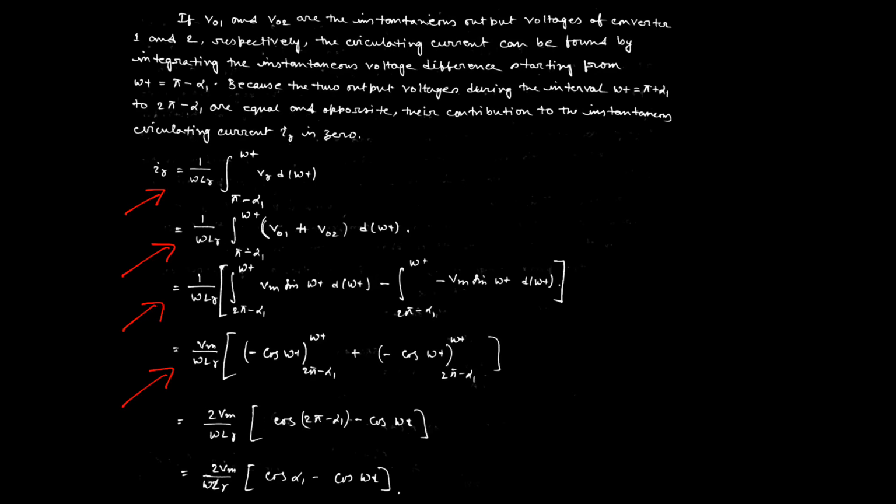Considering the lower limit and the upper limit, we find the expression 2 Vm by omega LR into cos of pi minus alpha 1 minus cos omega t. So the complete equation for the circulating current is 2 Vm by omega LR into cos alpha 1 minus cos omega t.